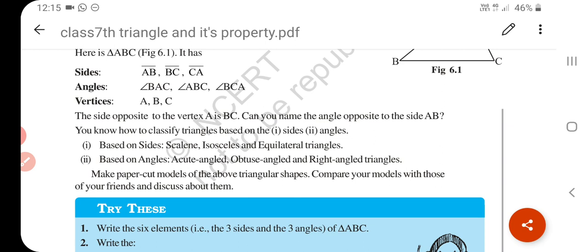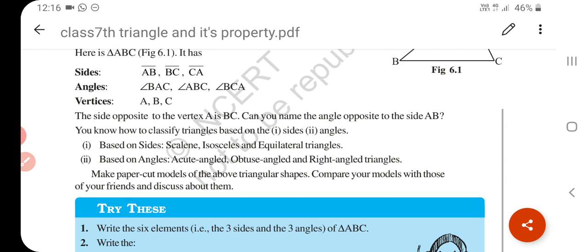Okay, what is an isosceles triangle? If two sides are of equal length, then it's an isosceles triangle. If no sides are of equal length, then it's a scalene triangle, and if all sides are of equal length, then it's an equilateral triangle. Okay, understand?